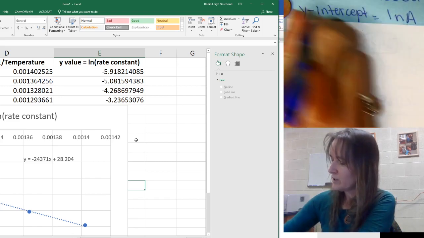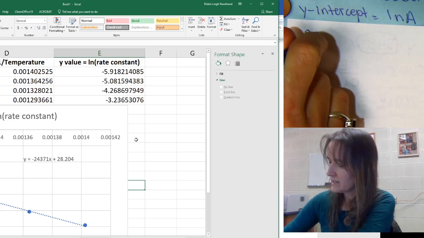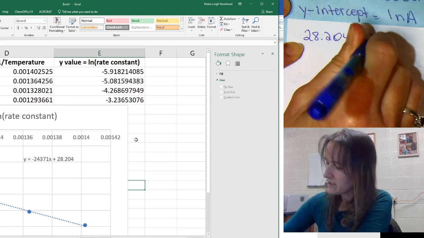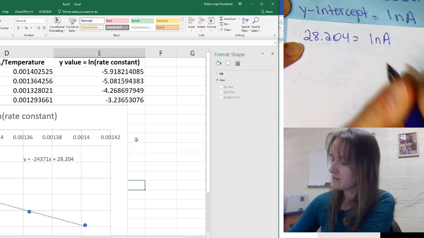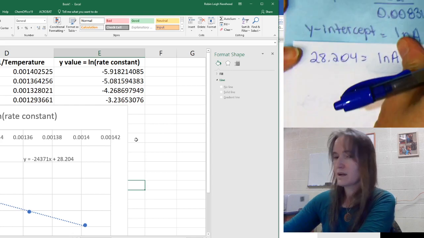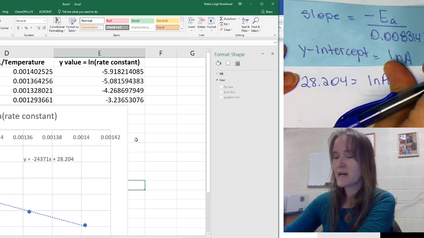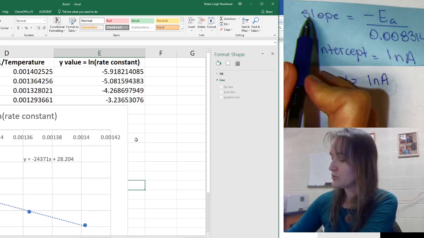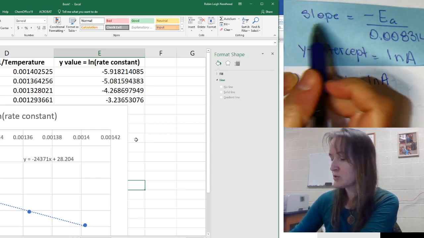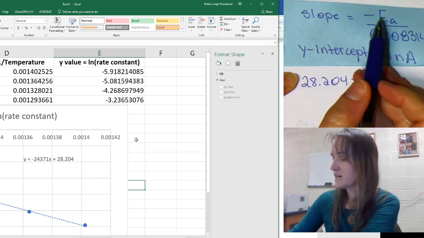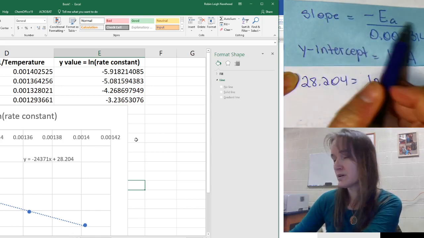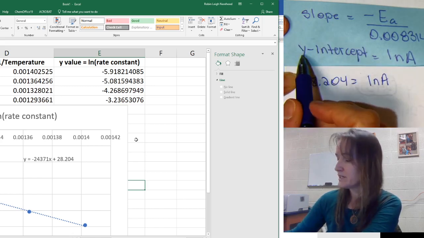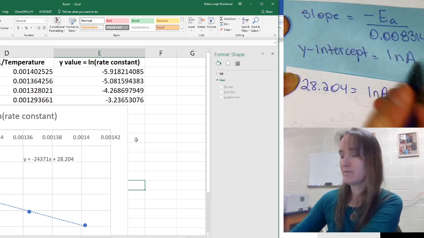So in place of y-intercept, you're going to write 28.204 equals the natural log of A. So again, with these two equations, we're just taking values from our linear equation. You plug in what the slope is right where the word slope is, and then you set it equal to negative E sub A over the gas constant. And then you take the y-intercept data, plug it in right there, and that's equal to ln of A.